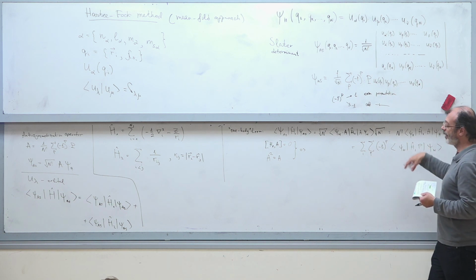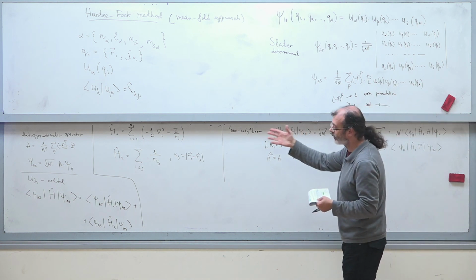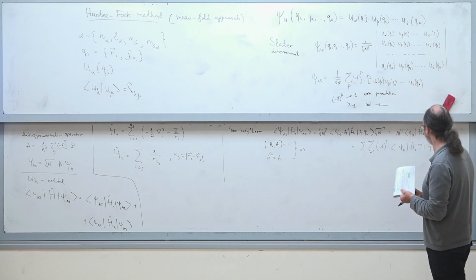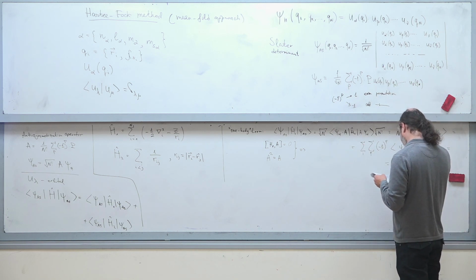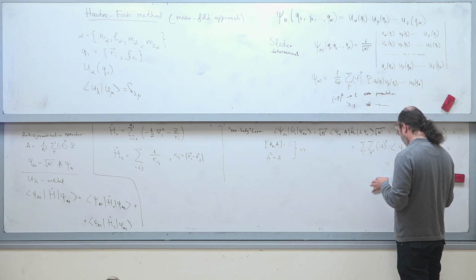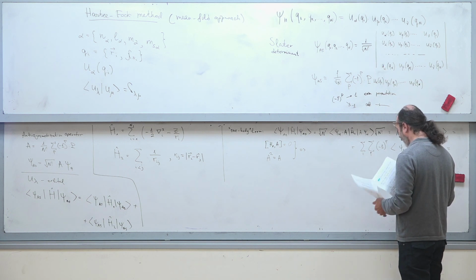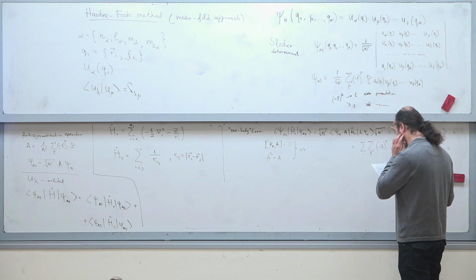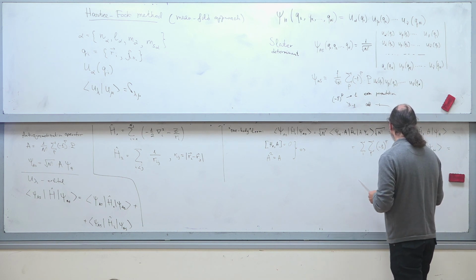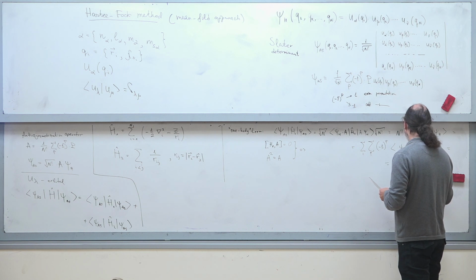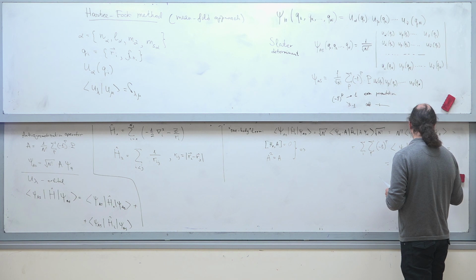So in the case of a single-body operator, the single-body Hamiltonian, everything that still stays in the story is just the sum over all electrons i of psi Hartree, H1, psi Hartree.